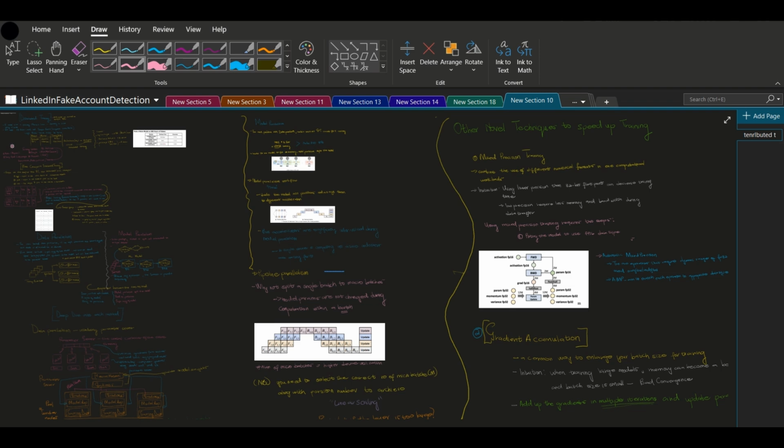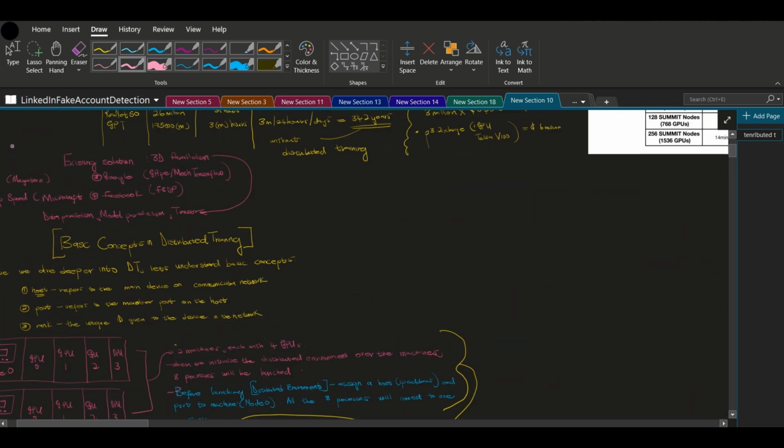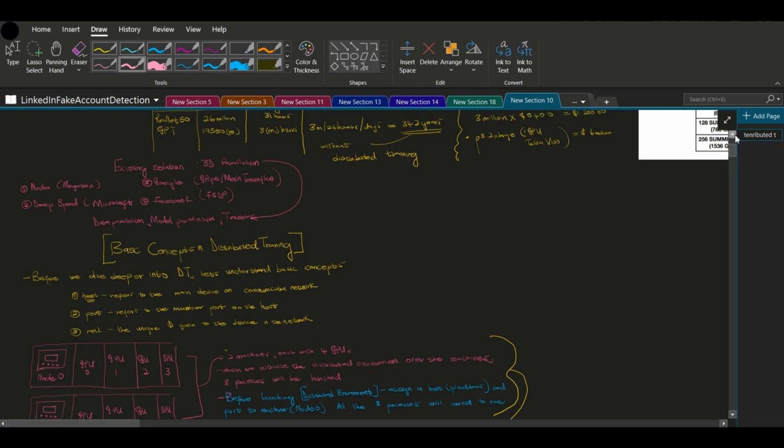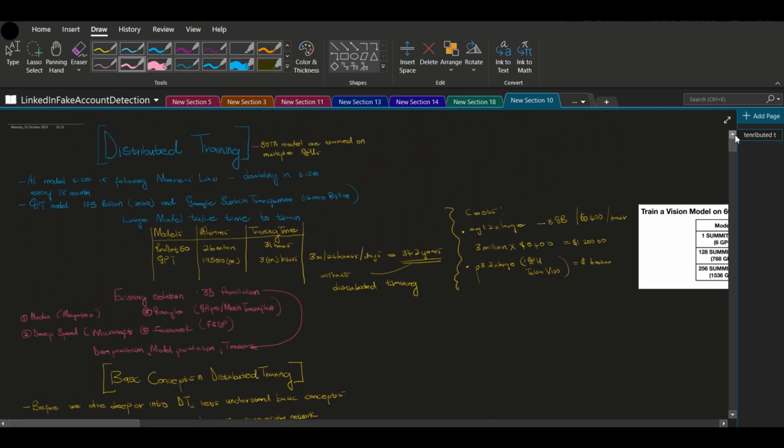So large models, as it follows Moore's law, double every 18 months. Because of this, it becomes quite difficult to train these large models. For instance, we have the GPT model, which has 175 billion parameters, and we can convert this into training time.